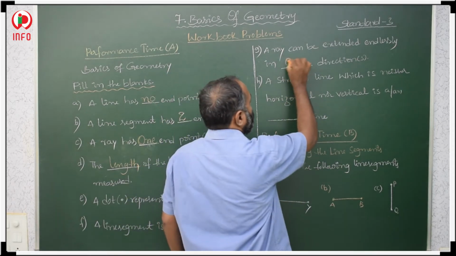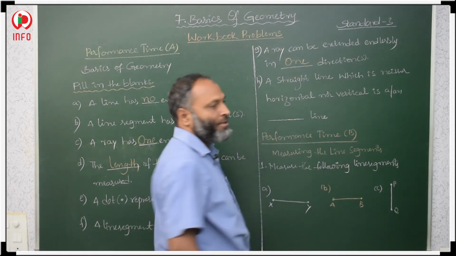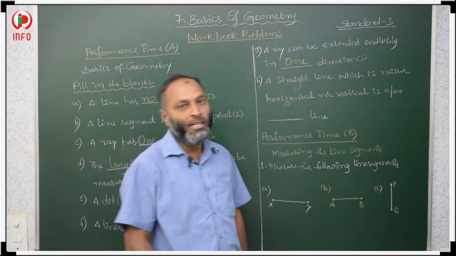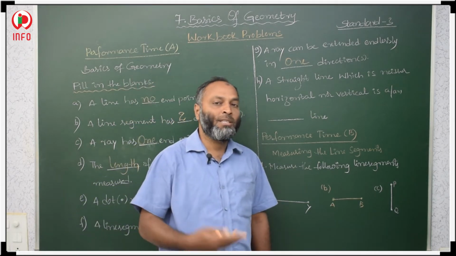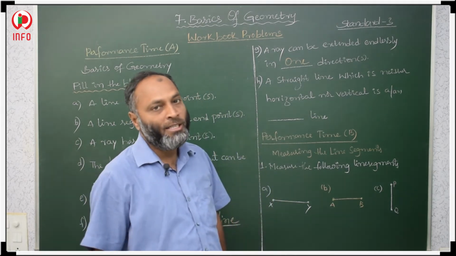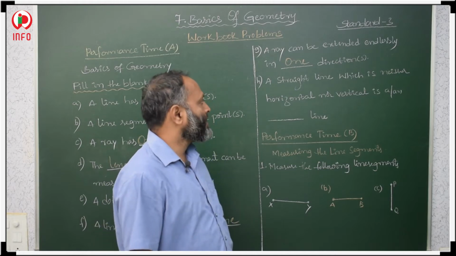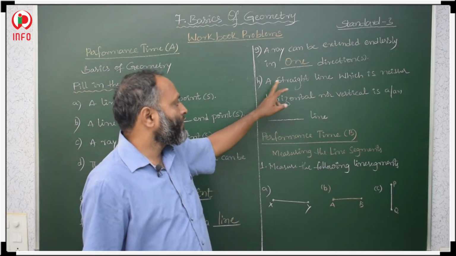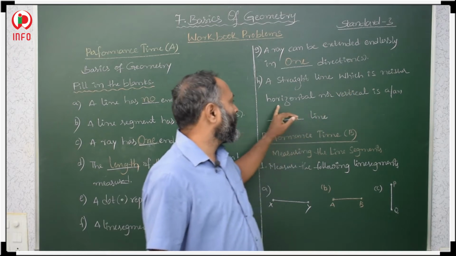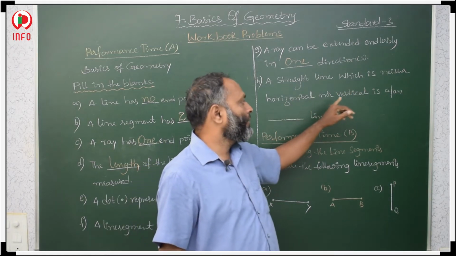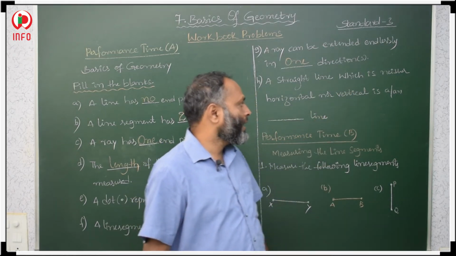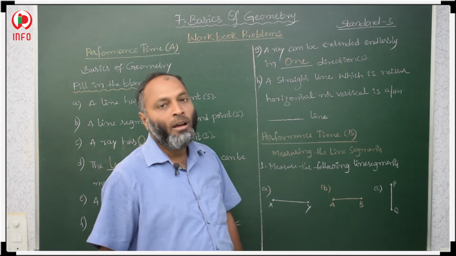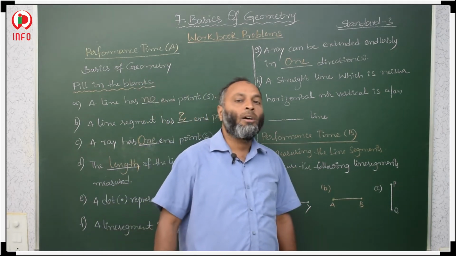Why? Because a ray has 1 endpoint. So it extends in only one direction, as one endpoint is already there.